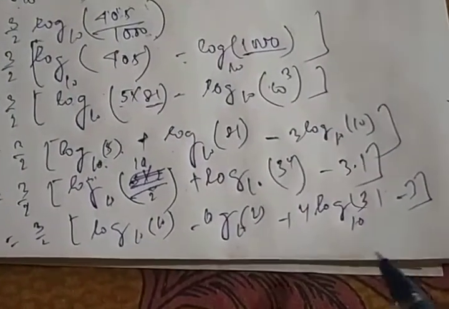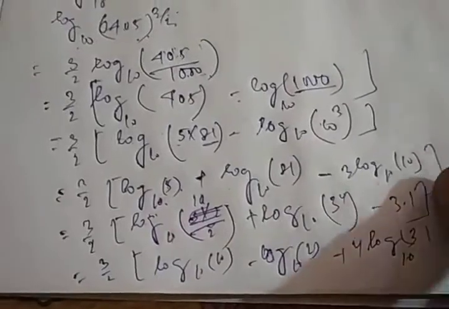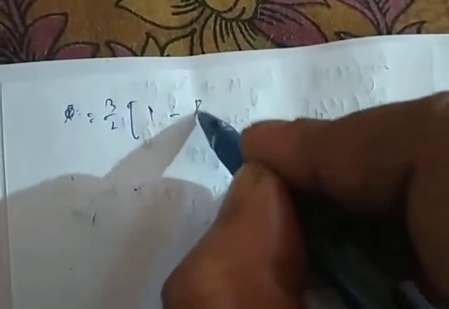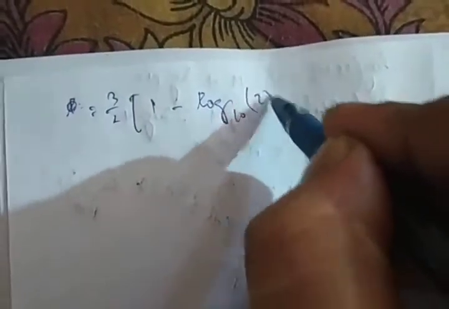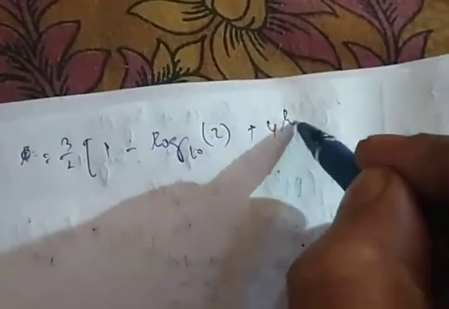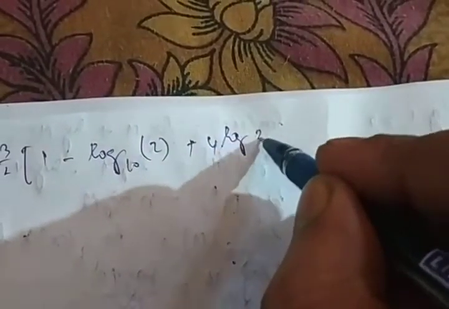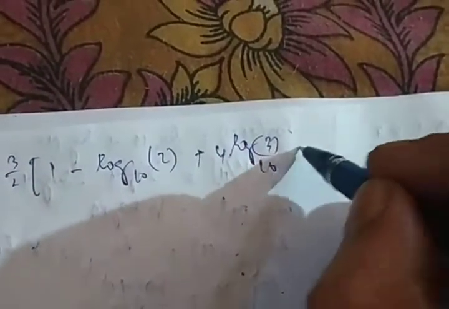So ultimately we get 3/2. Now the first is log 10 with respect to base 10, which is 1, minus log 10 base 2, plus 4 log 3 with respect to base 10, minus 3.